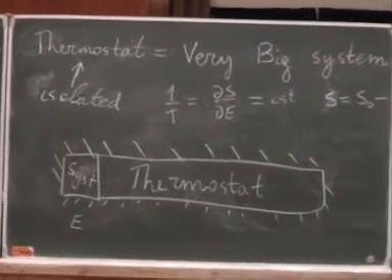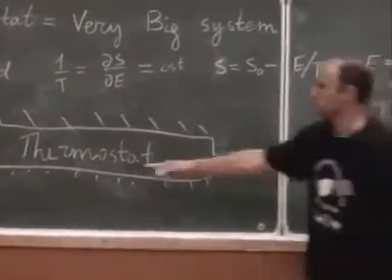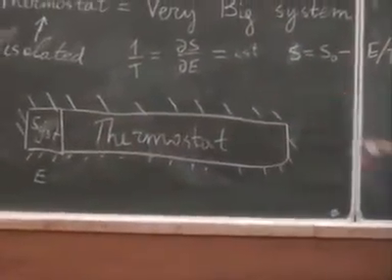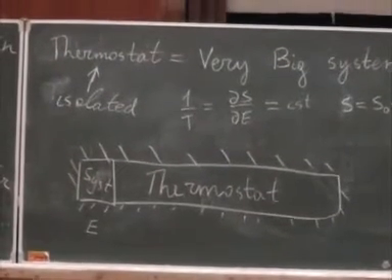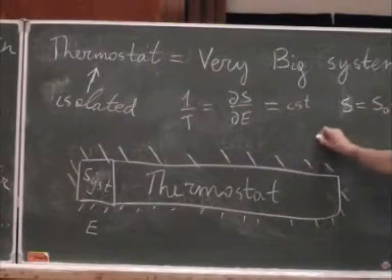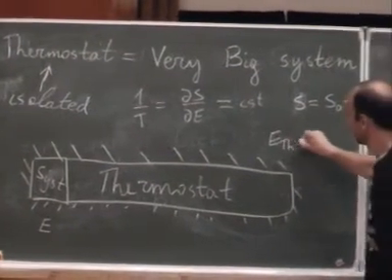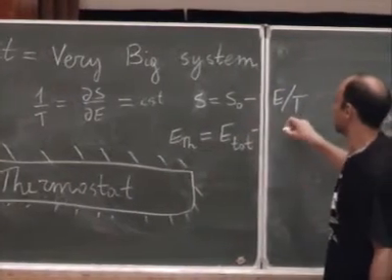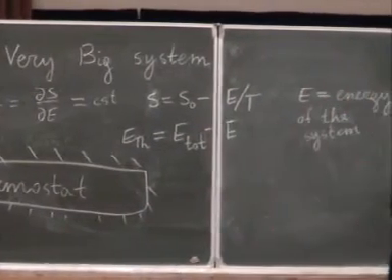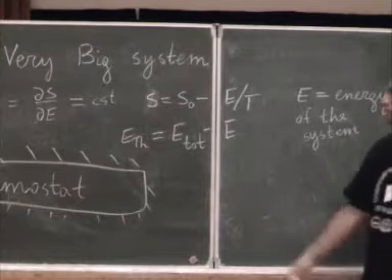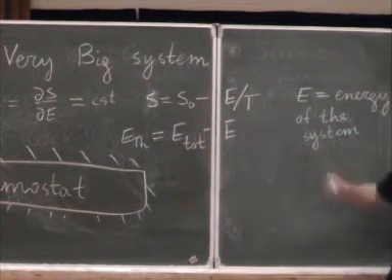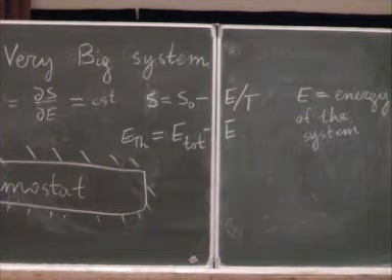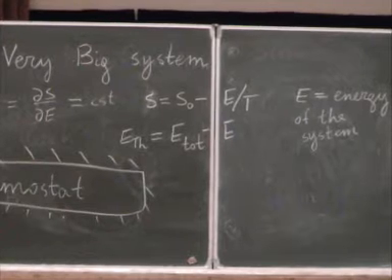There is a minus because E is the energy that's in the system, so that is not in the thermostat. The energy of the thermostat is the total energy minus E. So S0 is the entropy that corresponds to the total energy, and then we subtract E over T.